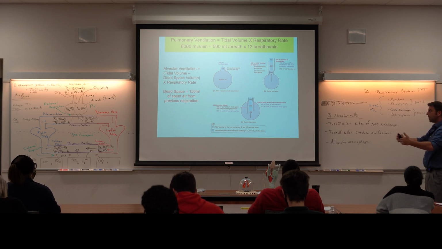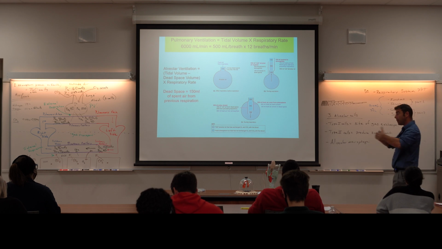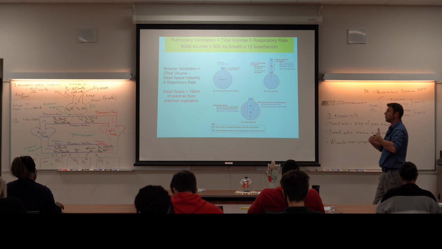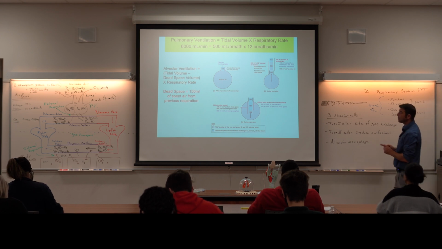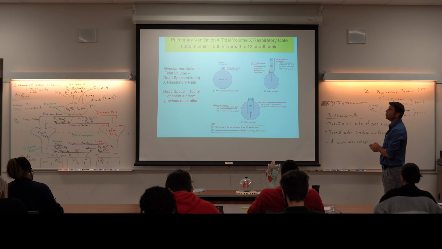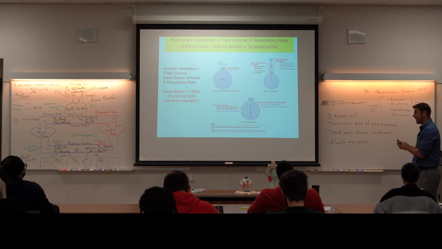And that air going away from those exchange surfaces and then back to the exchange surfaces is what we call our pulmonary ventilation. We're going to see that pulmonary ventilation is a product of tidal volume and respiratory rate. Respiratory rate might be obvious. That's just breaths per minute, how many times you're breathing per minute.